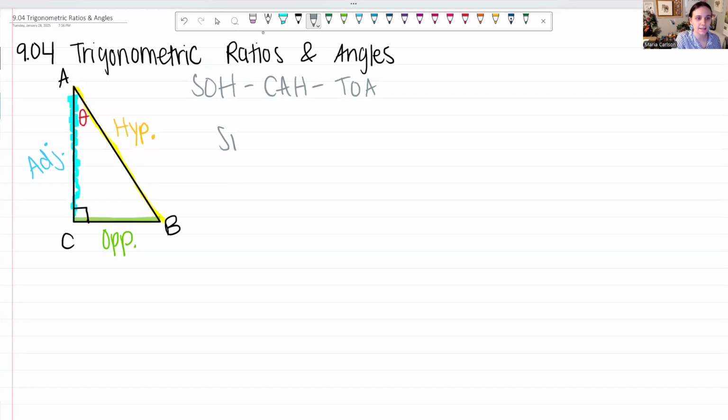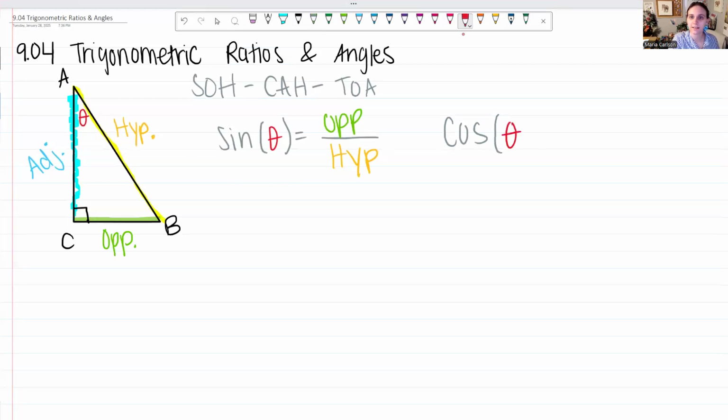So the sine of that angle theta is equal to the opposite, O, over the hypotenuse, H. Cosine, the cosine of that angle theta is the ratio of the adjacent over the hypotenuse.